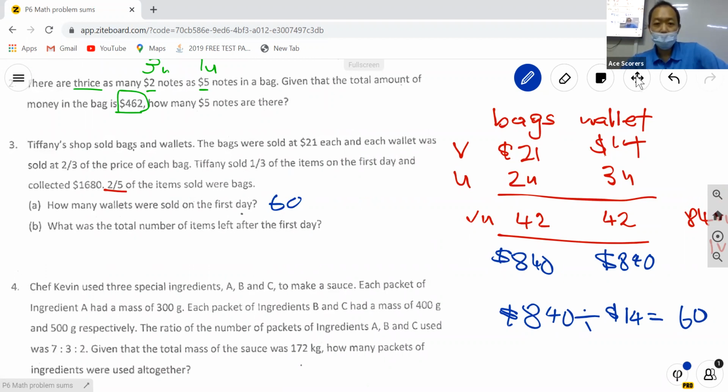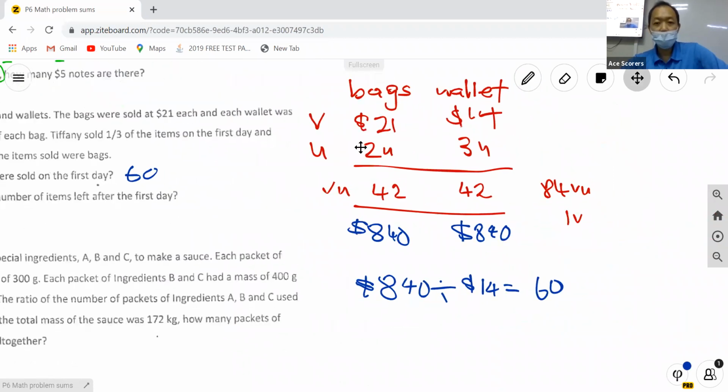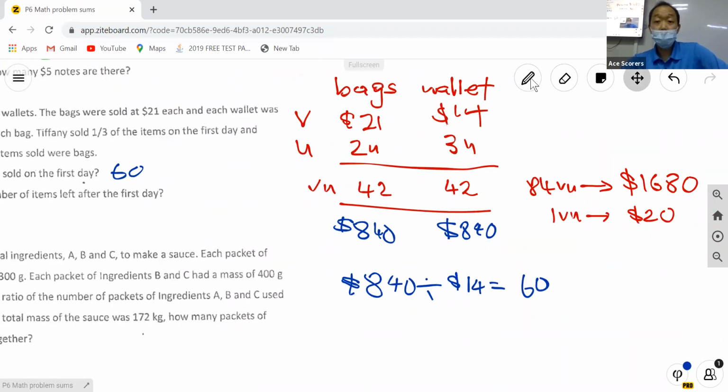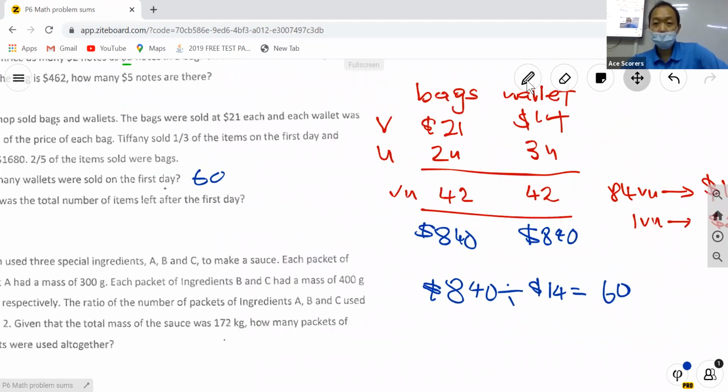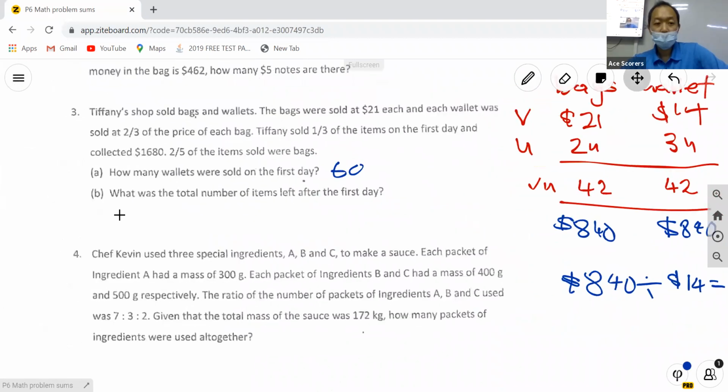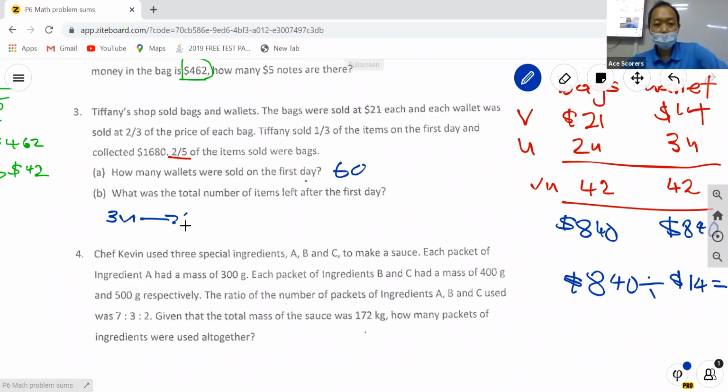Okay, so now the thing is, you found 60 wallets, right? You must find the number of bags as well. So this 3 units is equal to 60, right? So 3U represents 60, so 1U represents 20.